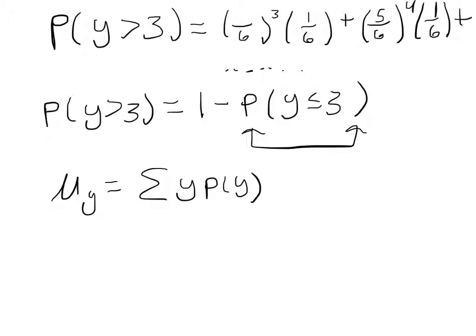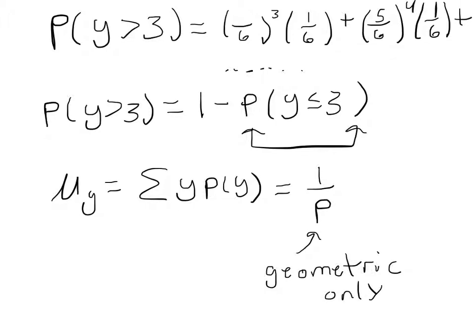Probably 6 rolls, because there's a 1 out of 6 chance of getting a success. So it'll probably take about 6 rolls to get a success. So the expected value is just the reciprocal of the probability of success. Just be careful, that's only if the random variable is geometric. So in this case, that's 1 over 1/6, which is about 6 rolls.